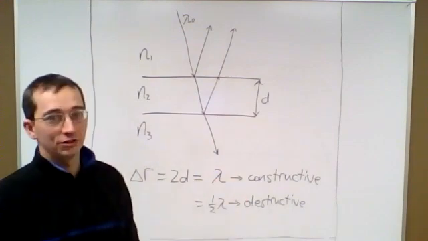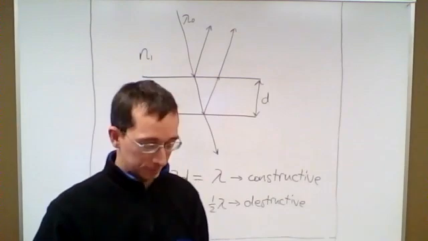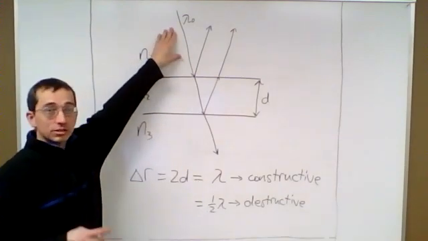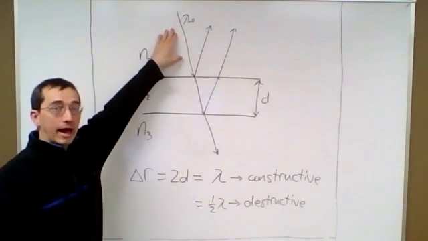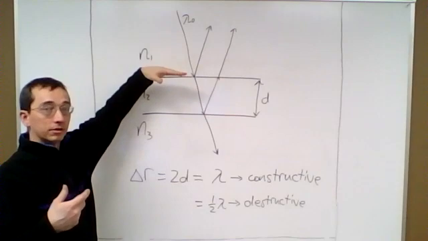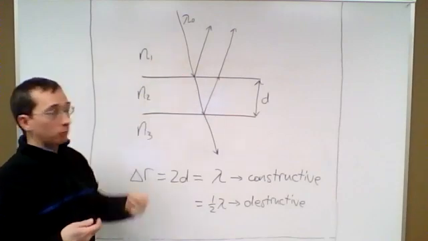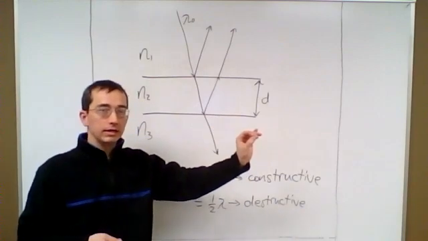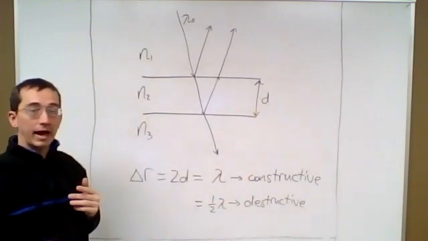But there's another feature here that's really subtle, but really important. Light, just like a string, has different effects based on the boundary. So for example, when I whip a string, if it hits a fixed point, it gets inverted on the way back.